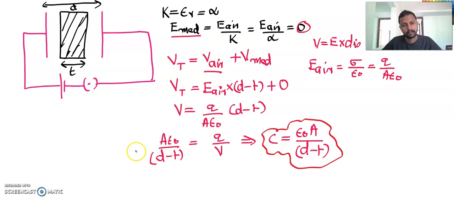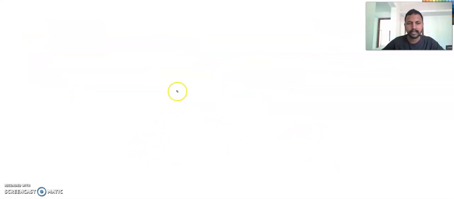Okay, now let's speak about polarization of dielectric. As we know, if we are adding a polar dielectric or a non-polar dielectric between the plates of the capacitor, its capacitance will increase and the individual molecules of the dielectric will align according to the external electric field. We have learned it in our previous sessions.